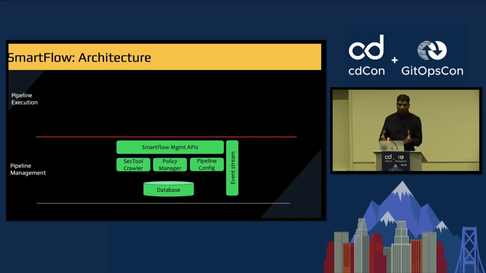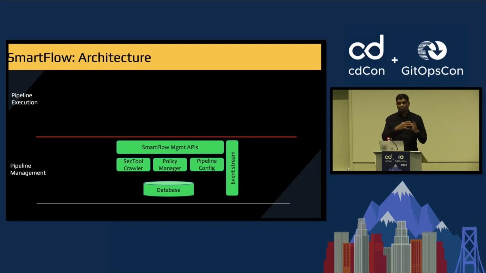Then we have policy managers. Our objective was to automate various actions, and when we have actions, we need some way to communicate our restrictions. That is the policy manager. And the pipeline configs. Even when the pipelines are getting created dynamically, there are some configurations.